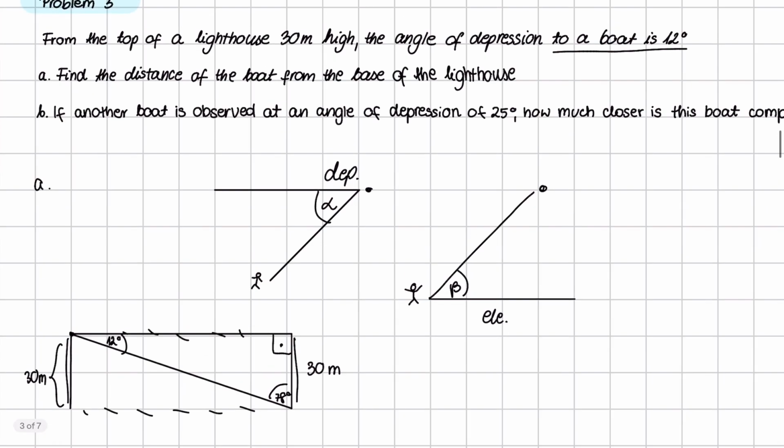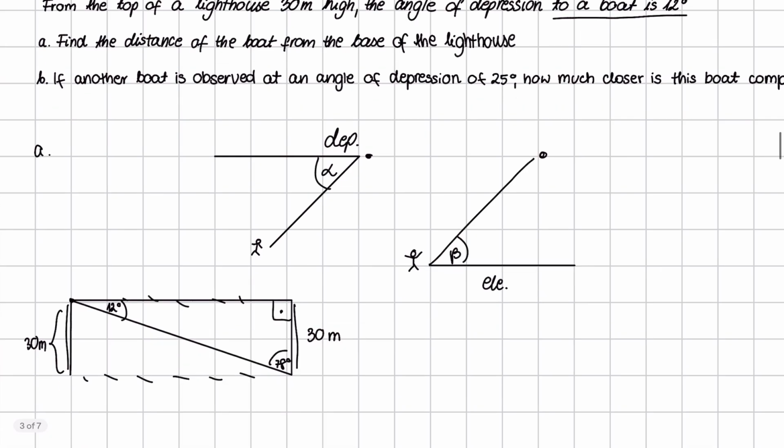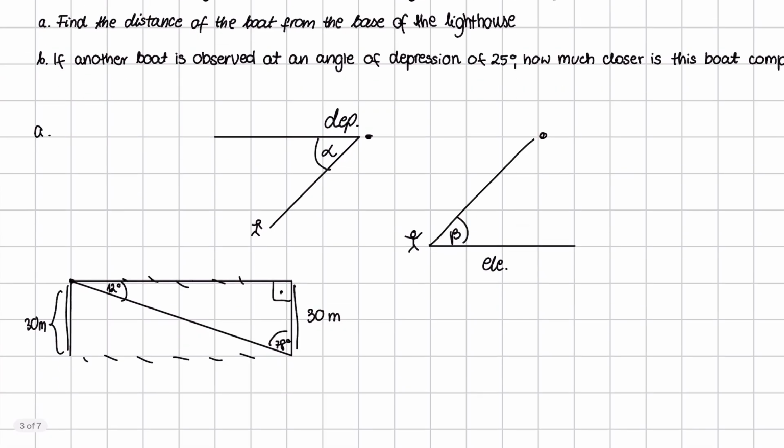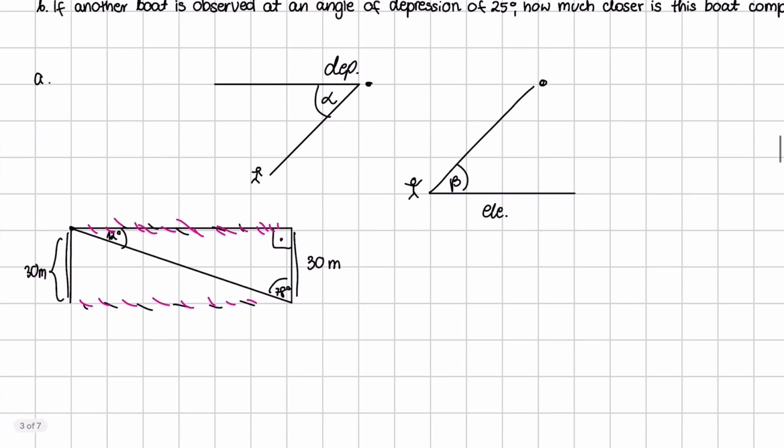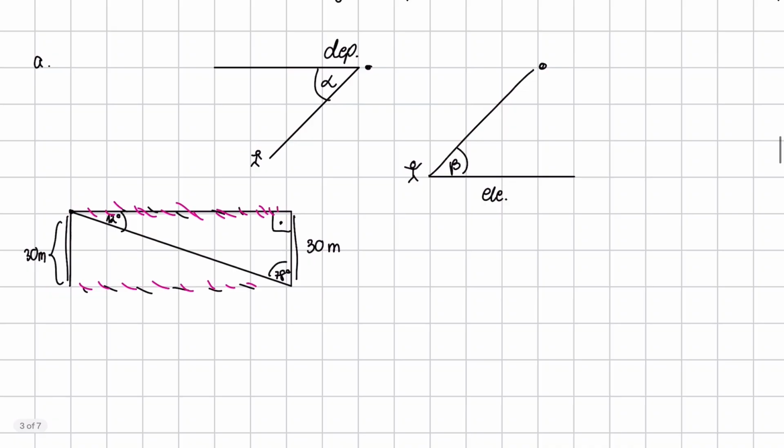We have to calculate the distance of the boat from the base of the lighthouse, so basically this distance, but we will find this distance because they are the same, and this one is in our triangle, so it will be easier to find it. And we can simply use the sine rule to find this length.